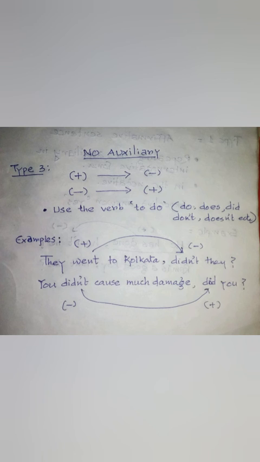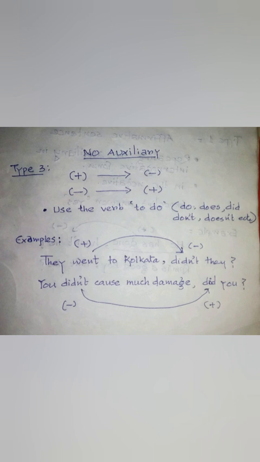In case of no auxiliary, in case of a finite verb, we have to bring the verb do, that is do, does, did, don't, etc., according to the tenses used here. So far, we have discussed the different areas of question tags.